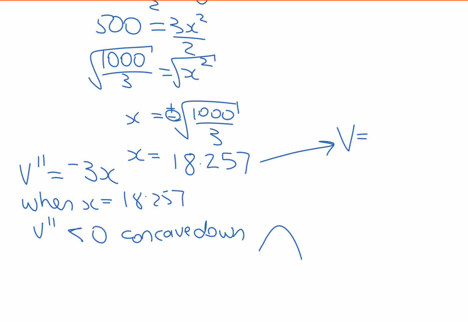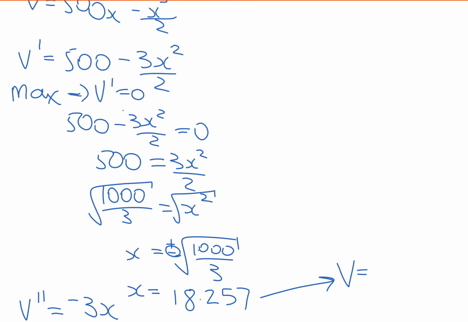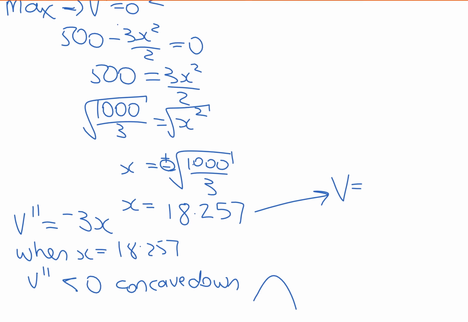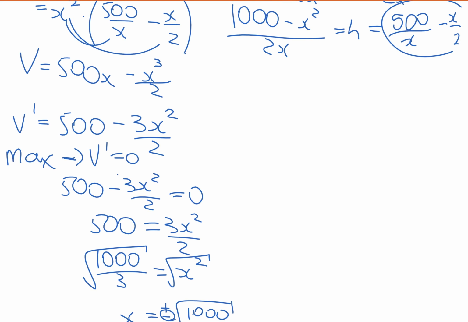Does that make sense? I would do it just for good practice, because that's what might happen in the exam. So how do I find my answer? I just chuck 18.257 into that volume formula there. Happy with that? Let's finish.